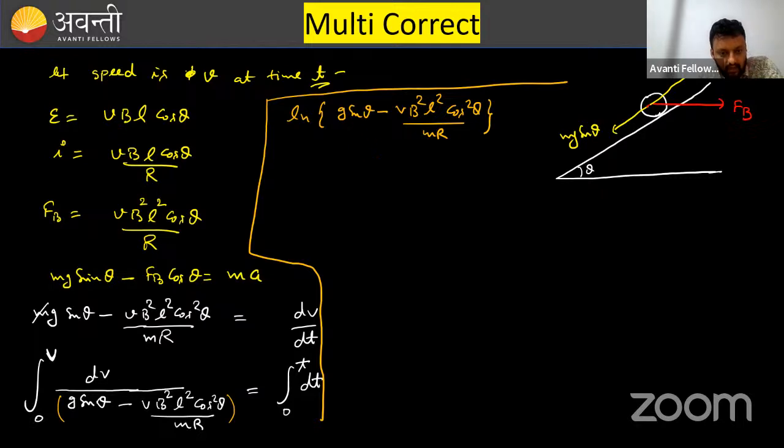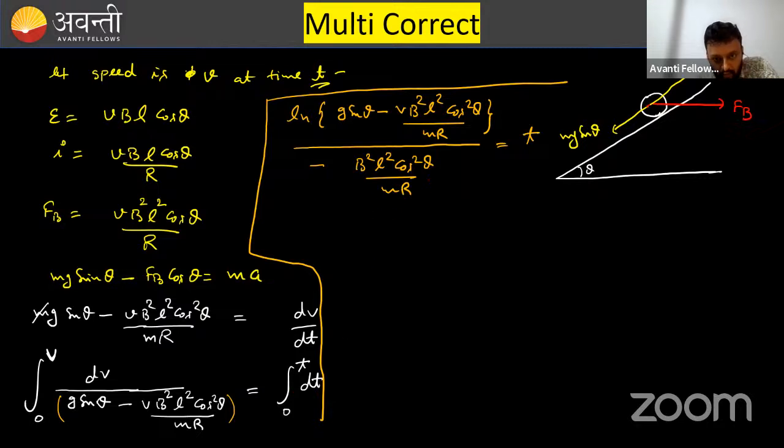And if I differentiate it, after differentiation I will write g sin theta is a constant, its differentiation will be zero, minus this portion, differentiation of v will be 1, and the remaining part I will write B squared L squared cos squared theta by mR is equal to t. dt integration is t.